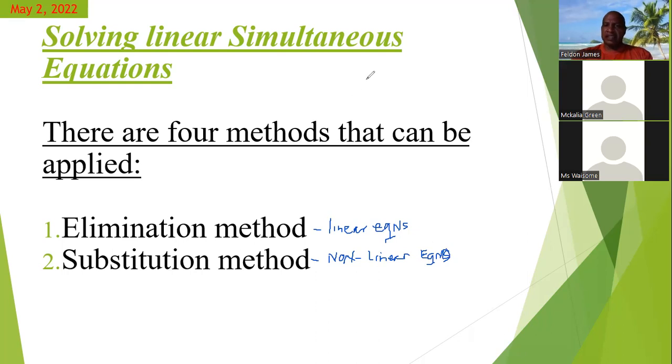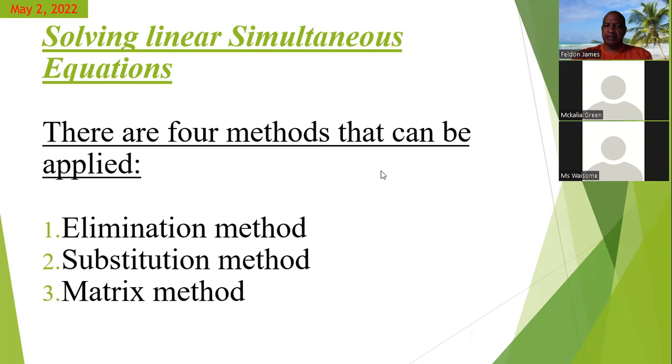All right, so the next method that we can use when we are solving simultaneous equations is the matrix method. We will see the matrix method when we are doing matrices, which we may probably start tomorrow or the day after tomorrow.